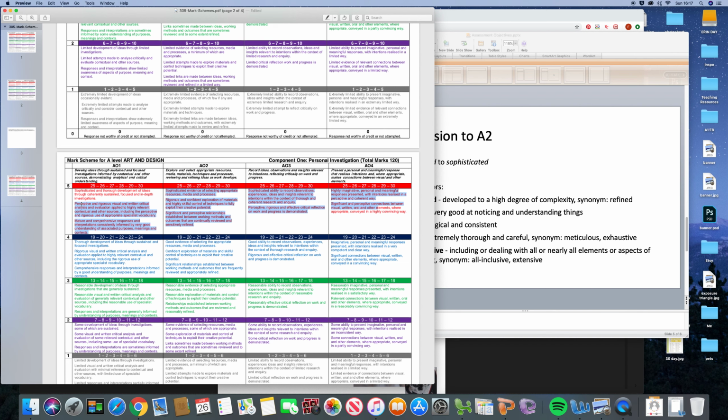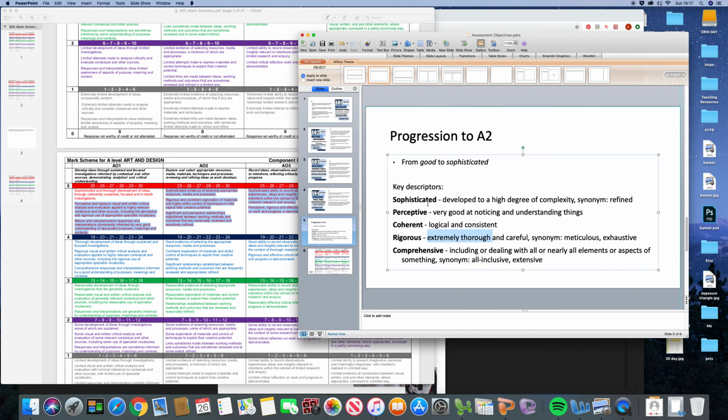You don't have to worry about all of that complicated wording. That's for us. But all of these words basically have that theme running through, that everything's extremely thorough. Nothing's been left out because you've been a dutiful student and you've extremely carefully and extremely thoroughly done everything that we've asked you. And that is the best way to achieve highly in the second year of the course.